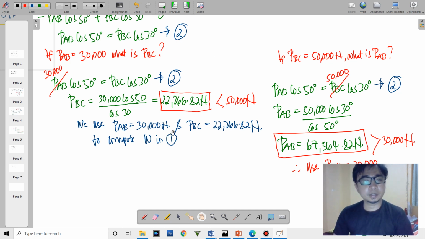In this case, we adopted 30,000, yielding a lower value than the limit of PBC. Therefore, we use PAB 30,000 and PBC equal to 22,266.82. The 50,000 assumption is not acceptable in computing W, since AB in the first place would have exceeded the limit.